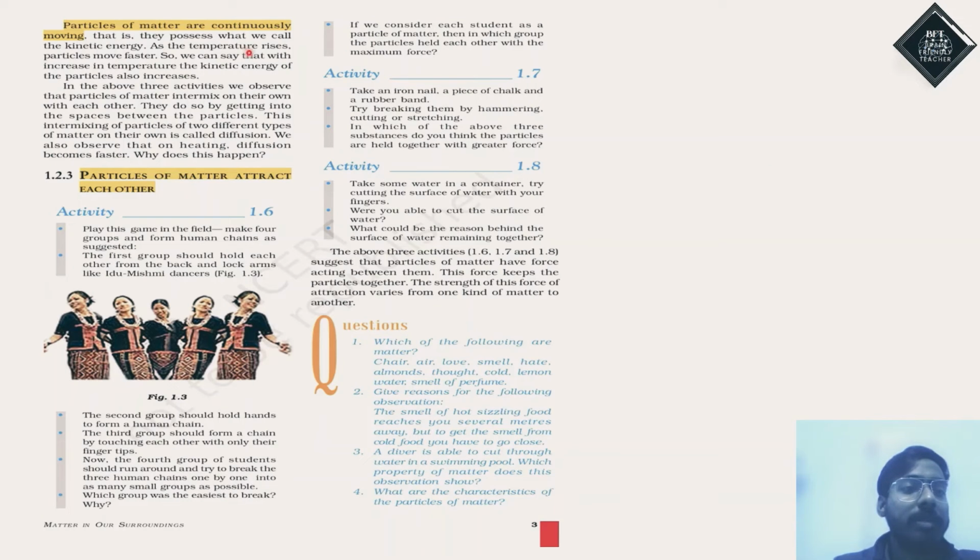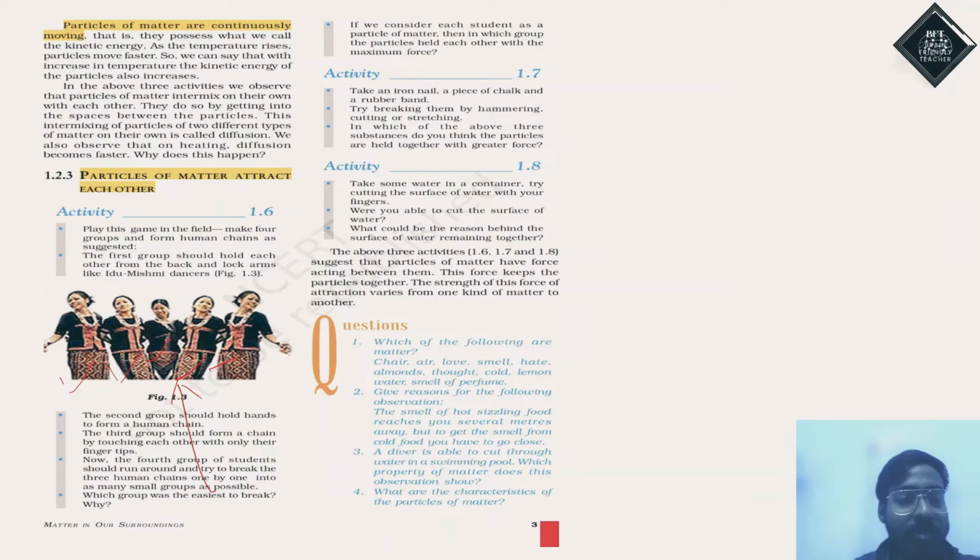So we have seen the particles of matter are continuously moving. Now the next characteristic is that the particles of matter attract each other. How do they attract each other? There is an activity in which four friends bind their hands behind them, and one of your friends is going to hit from between them.